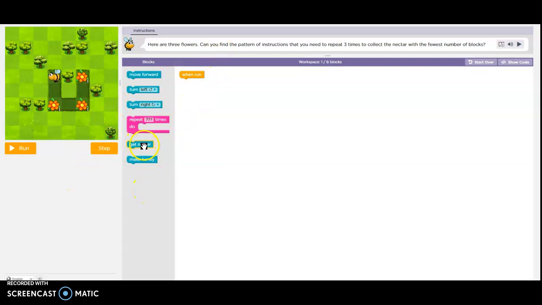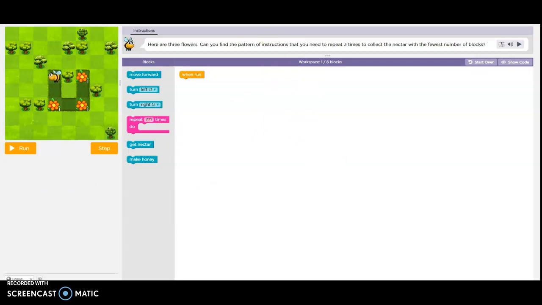But there's one more block I have to tell you that I will tell you right now. Get nectar is actually not a block of coding. It depends on which one you're coding. For example, if you're coding with gems, it will say collect. If you're coding with Angry Bird and it's like vehicles, it says collect weapon or anything else.